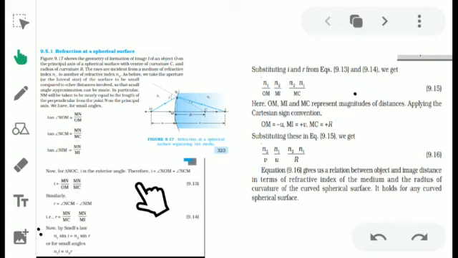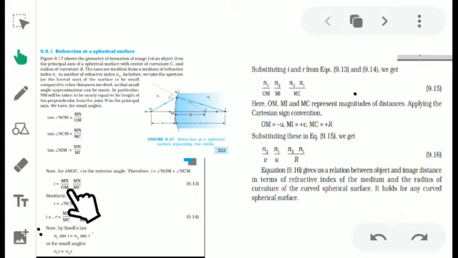According to Snell's law, you know that n21 is equal to sin i by sin r. That is n2 upon n1 is equal to sin i by sin r. That is n2 sin r is equal to n1 sin i. Now we will put the values of i and r in this equation.